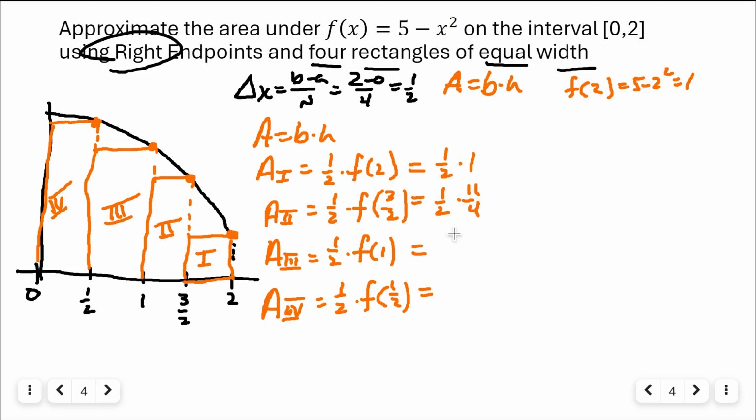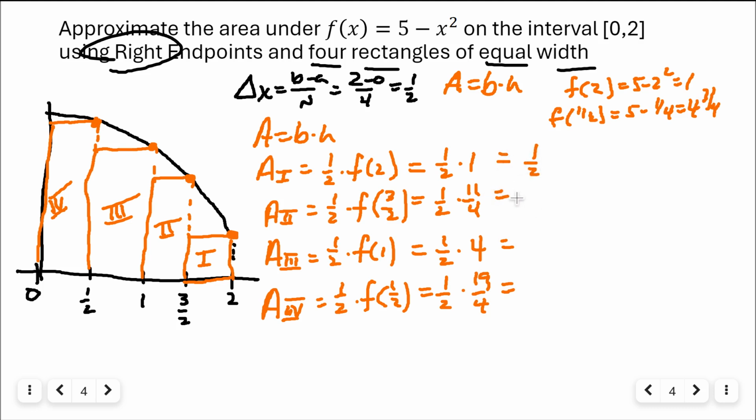And 1, if I plug 1 in, I get 4, half of 4. And then if I plug 1/2 in, that's 1/2 times 5 minus 1/4, which is 4 3/4, 19 over 4. Okay, so now let's figure this out. We got 1/2, we got 11 over 8, 2, and 19 over 8.